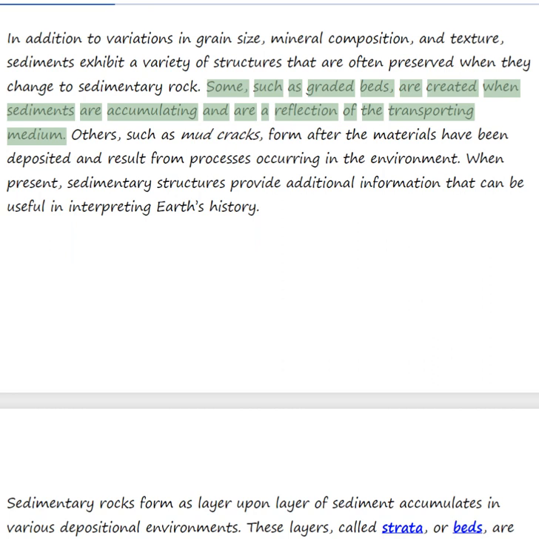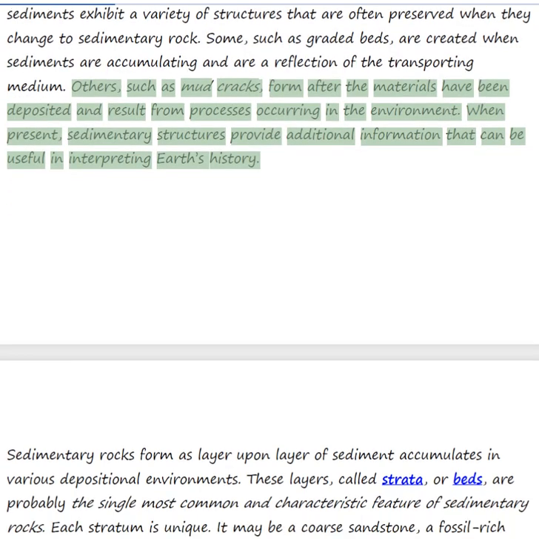Some, such as graded beds, are created when sediments are accumulating and are a reflection of the transporting medium. Others, such as mud cracks, form after the materials have been deposited and result from processes occurring in the environment. When present, sedimentary structures provide additional information that can be useful in interpreting Earth's history.